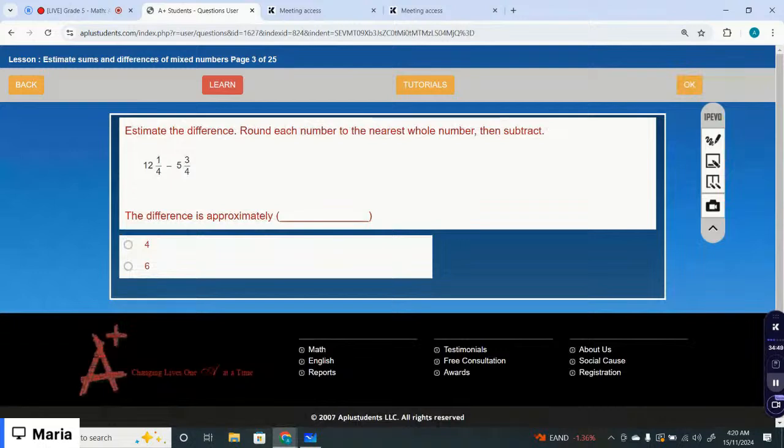So, which is the correct option? 12 whole 1 by 4 take away 5 whole 3 by 4, right?